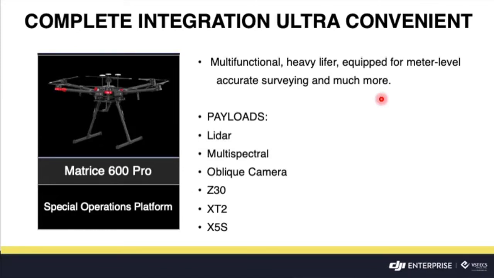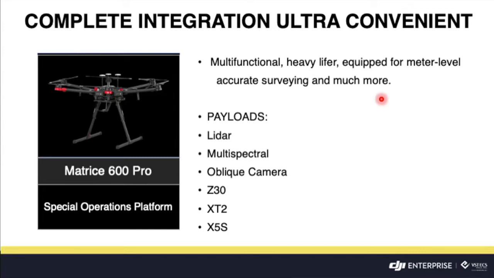So meaning, depending on your applications, you need to attach a payload. For example, supported payloads are the LiDAR, multispectral, oblique camera, the Zenmuse Z30, the Zenmuse XT2, and the Zenmuse X5S.